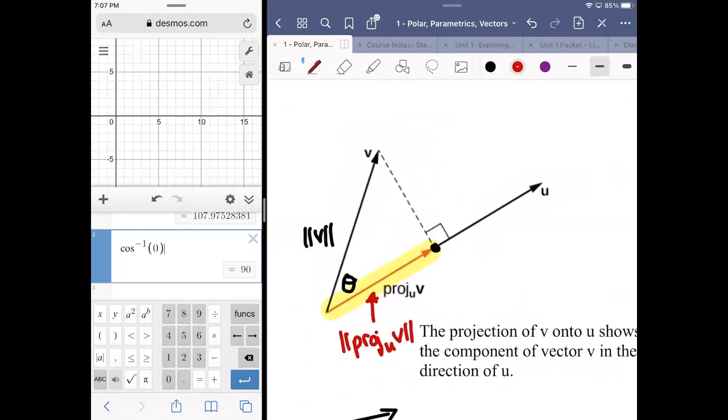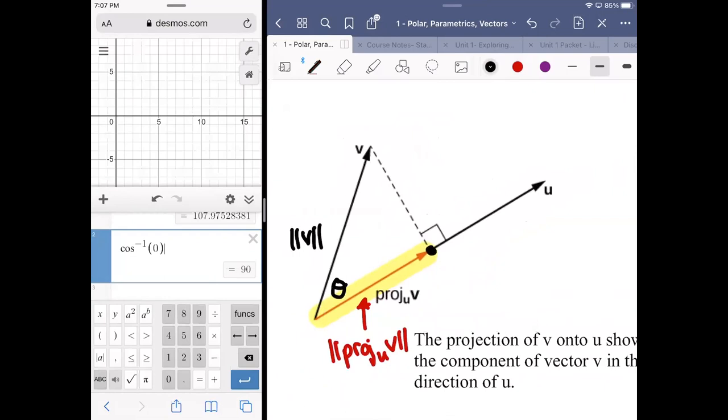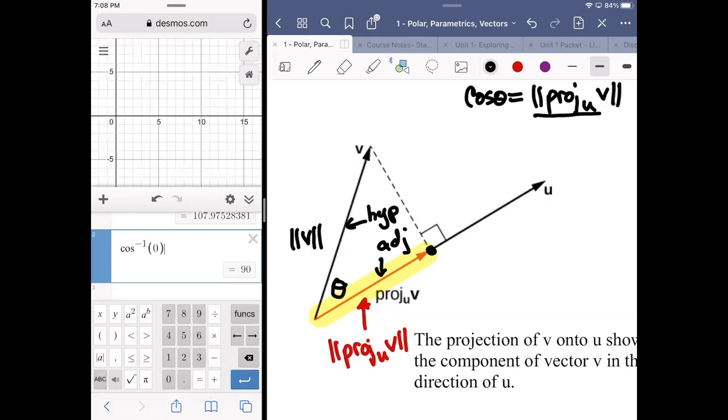What we can get from this, just based off simple right triangle trig, is that the cosine, because I have the adjacent side here and this is my hypotenuse, cosine of theta is going to be equal to the magnitude of the projection of v upon u over the hypotenuse, which is the magnitude of v.